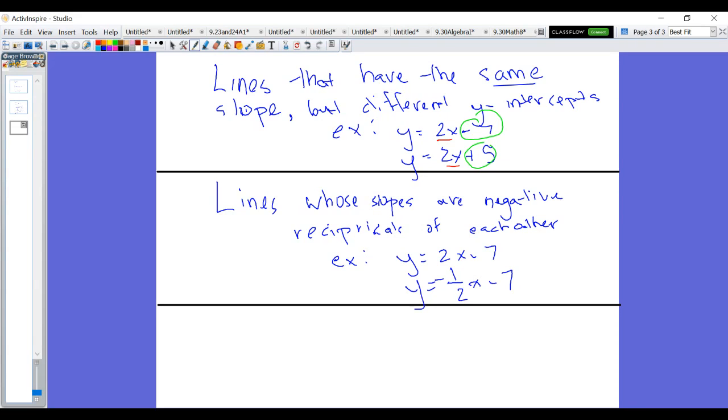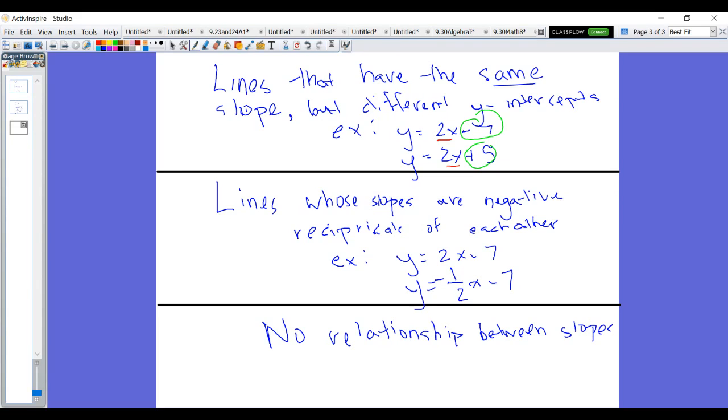And then this last one, an example of lines that are neither parallel nor perpendicular to each other, I'll actually put down that same example as the last one, and I'm going to say that there is no relationship between the slopes.